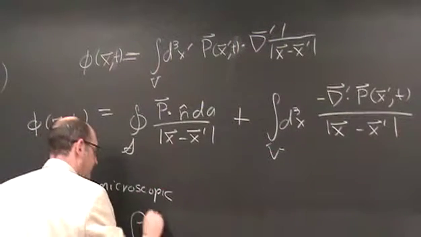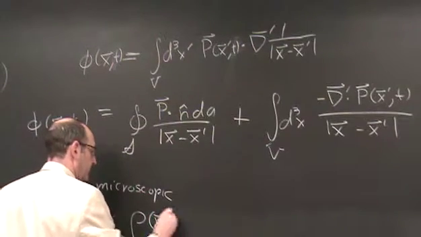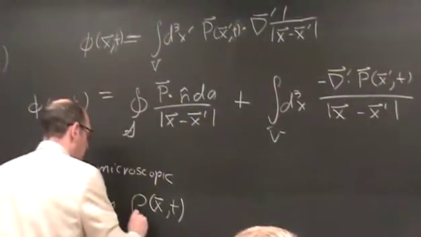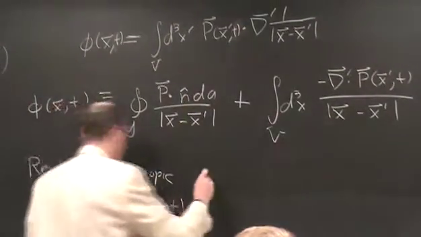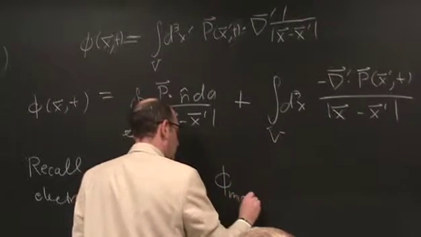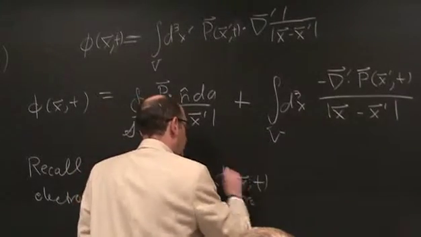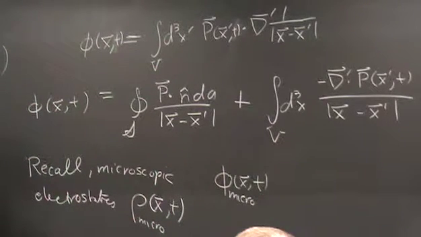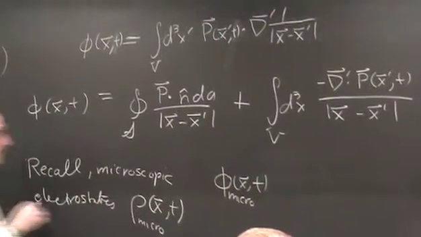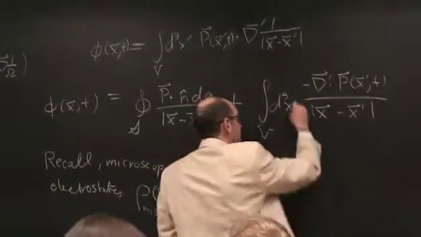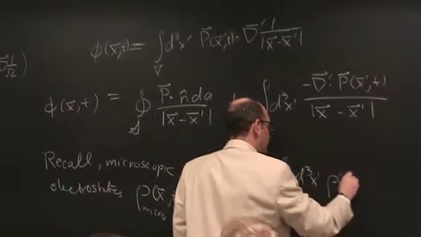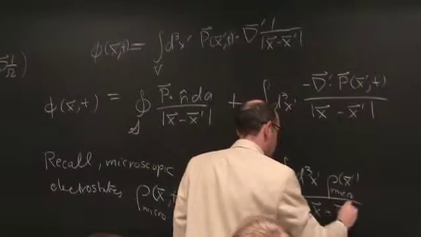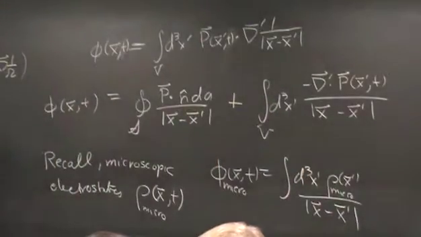If I had some source as a function of position, and I'm just going to say it's all instantaneously a function of time, and I wanted to know what is the microscopic electric potential, how would we write that? It's d cubed over r, right? Which is d cubed x prime, rho of x prime, over x minus x prime. That's what we did right at the beginning of the semester, right?